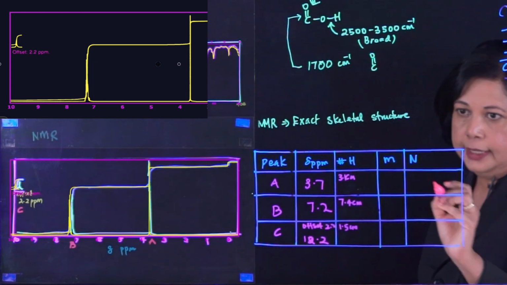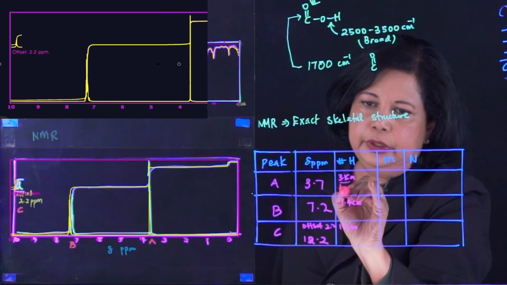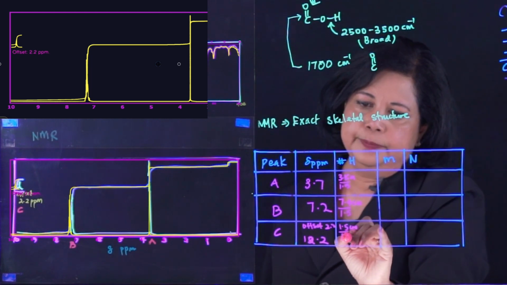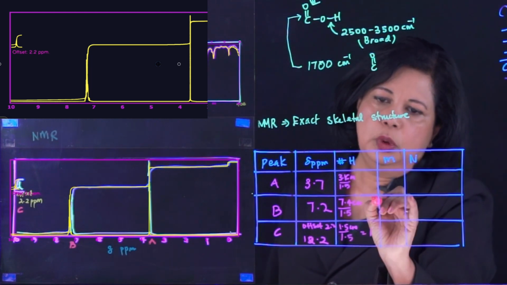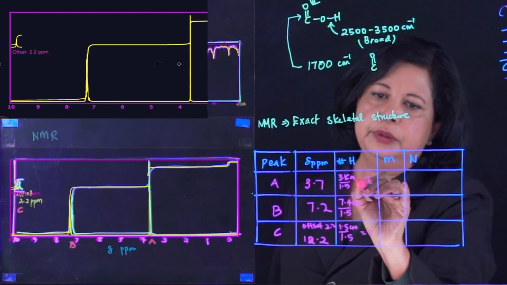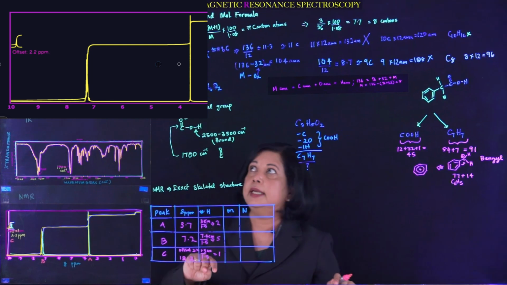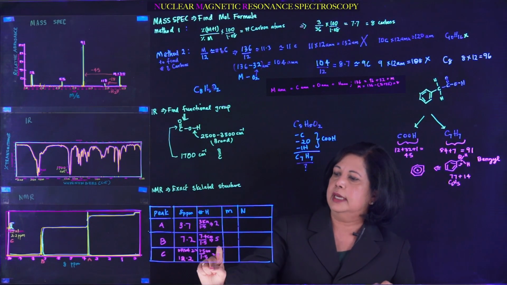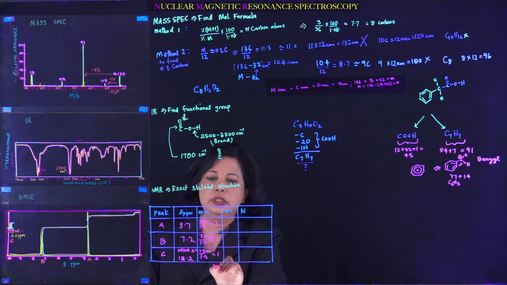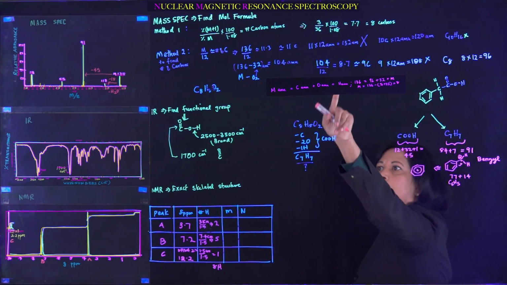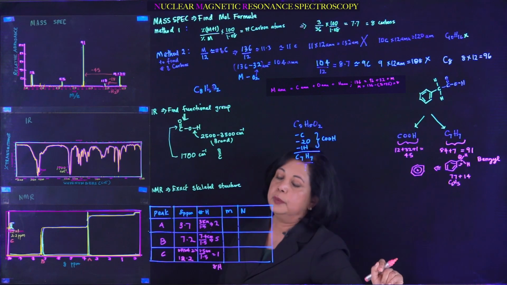Well, dividing by the lowest denominator here, setting this to 1, this is about 2, and this is about 5. And let's see if they add up to the total number of hydrogens. That's going to be 8 hydrogens, which is what our mass spec is telling us. And so we'll just go with that.